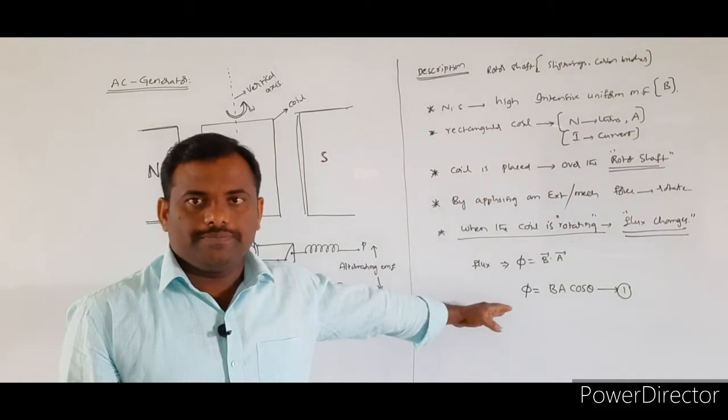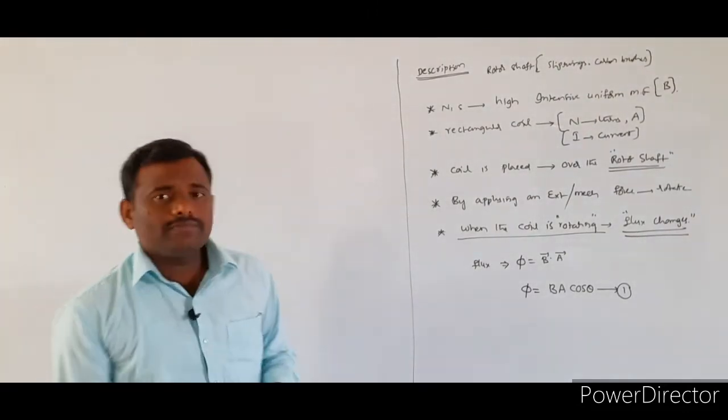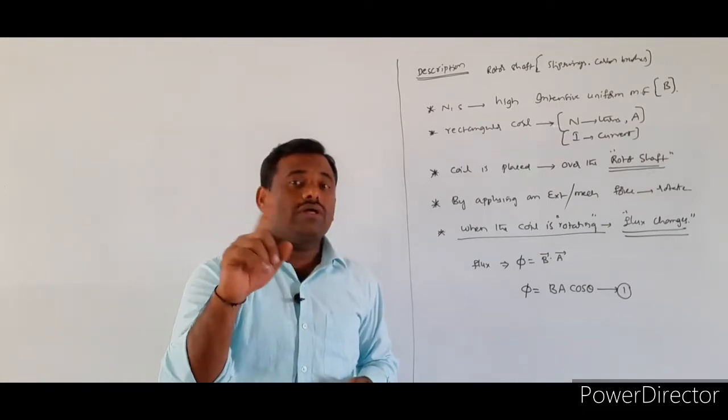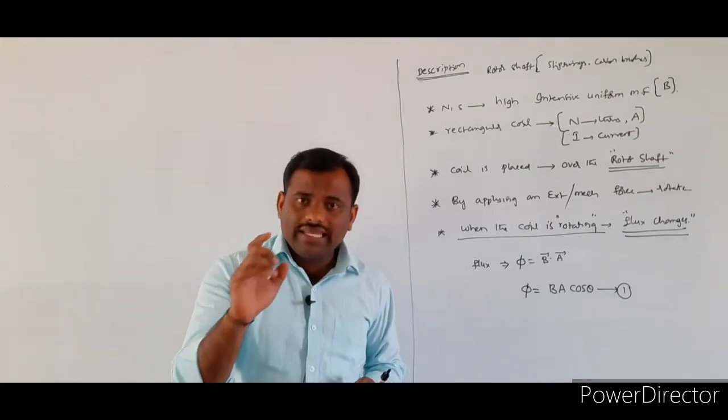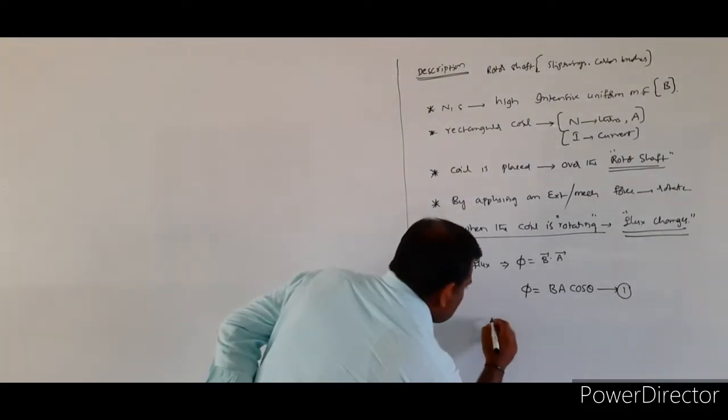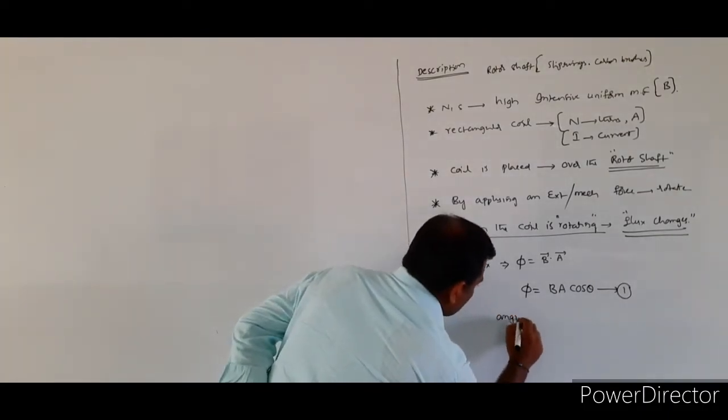Equation number 1. Here, as I told, the coil makes rotations about the vertical axis. Whenever an object makes rotations, it has some angular velocity.